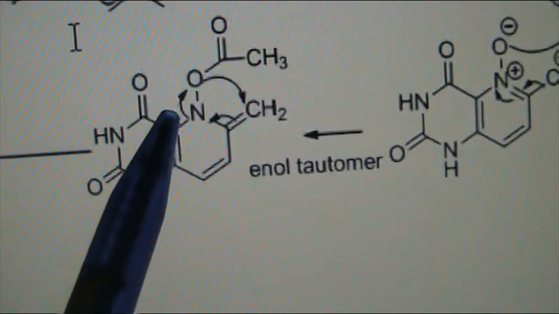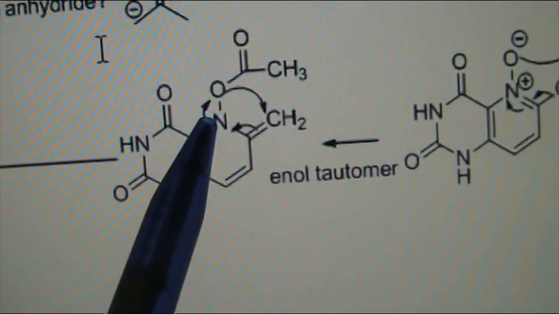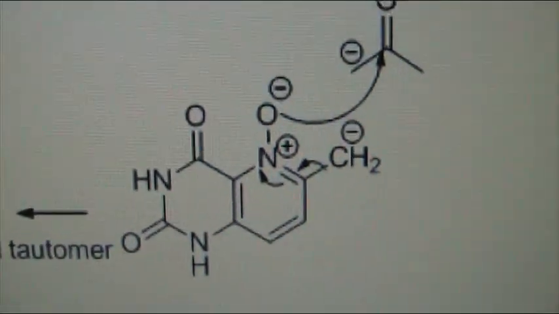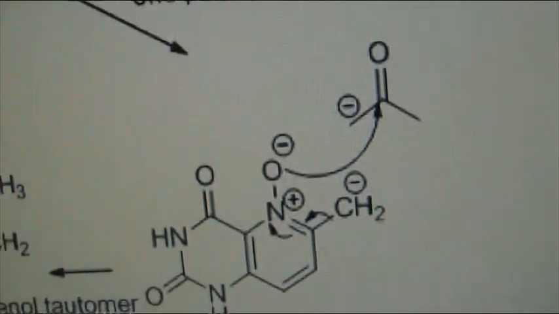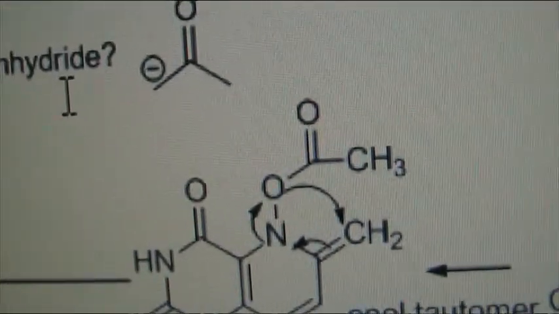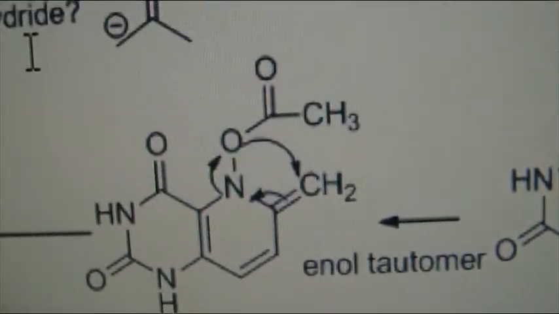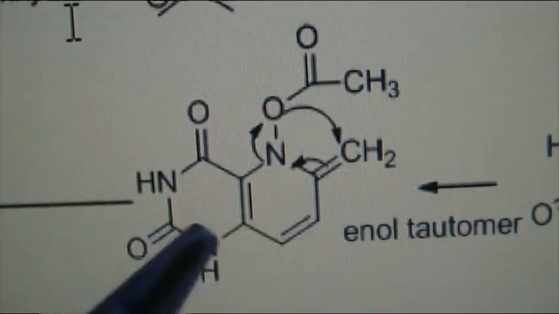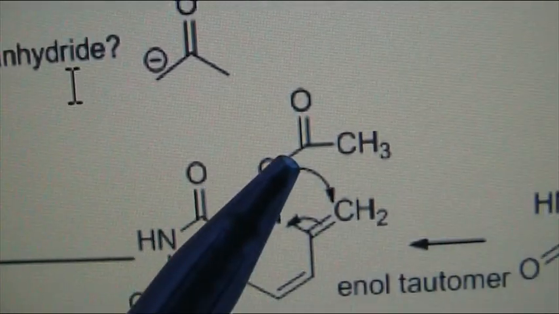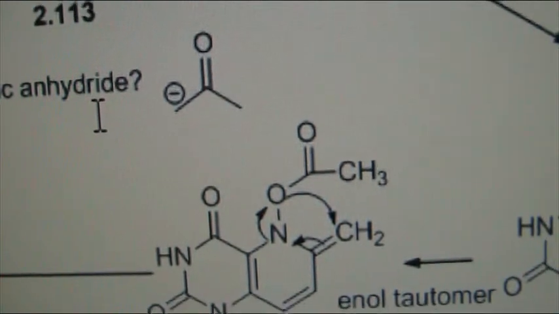So what happens here? It first forms a bond here. You can see it has formed a bond here, but now it is going to leave like this. But see, when it leaves, a funny thing is happening. Nitrogen provides a push, but this oxygen doesn't provide a push.